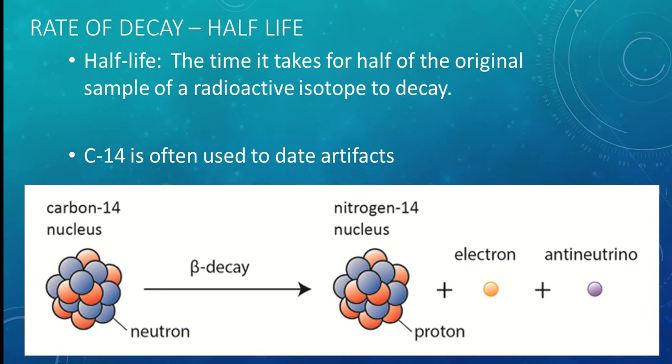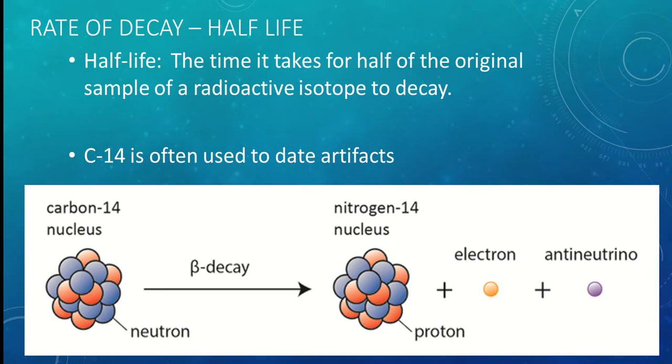All right, we're looking at carbon-14. Remember, it is unstable. It goes through beta decay. We end up with a daughter product called nitrogen-14 and an electron and an anti-neutrino. Don't worry about that anti-neutrino thing over there. We often use carbon-14 to date artifacts. If we find something that used to be alive, it would be made of carbon.